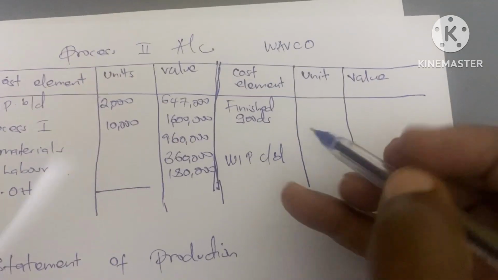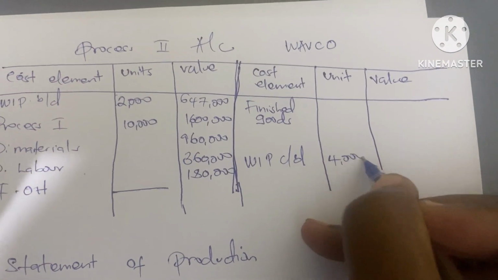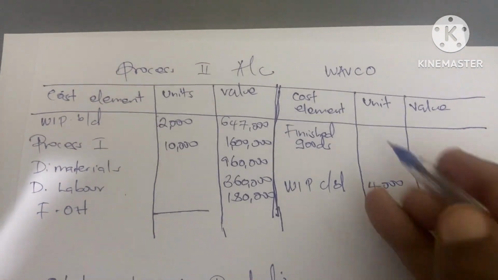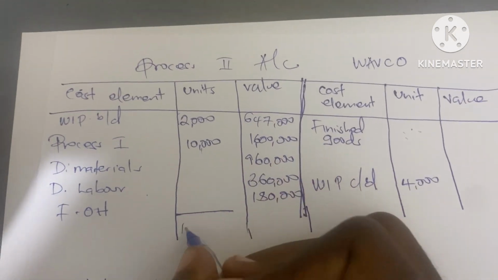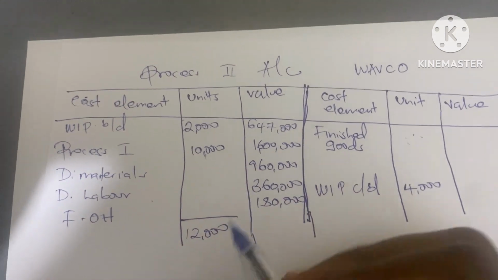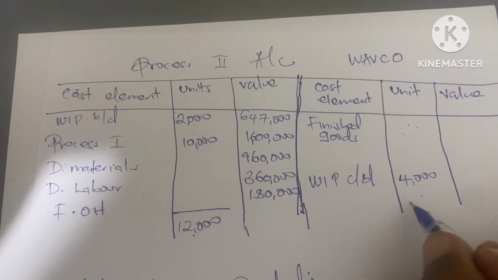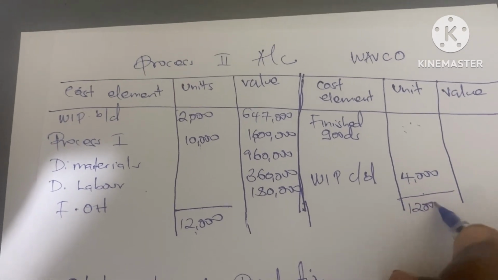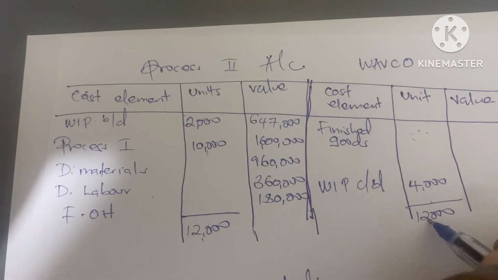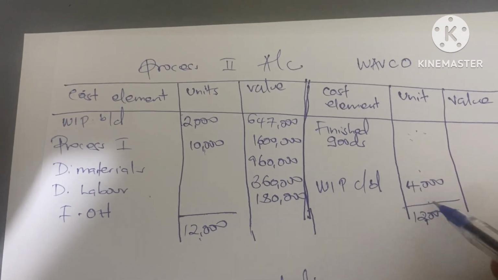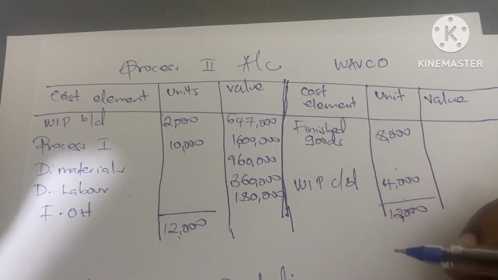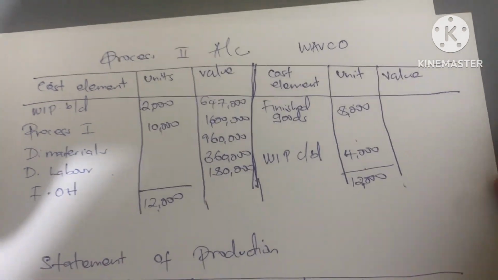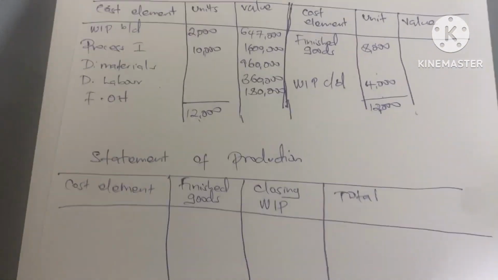So we come here and write it here, 4,000. Then the finished goods, the value, we don't have it. So we get this plus this, it is 12,000. And 12,000 is greater than the 4,000. So you write here the 12,000. Then 12,000 minus 4,000. What you get, the difference, is the finished goods, which is 8,000. For the values, we are going to get them later.